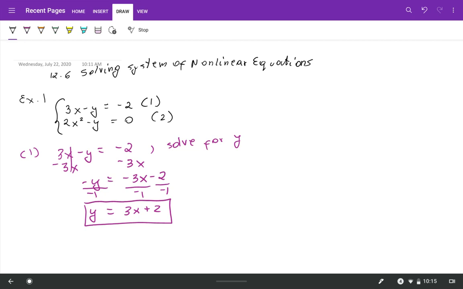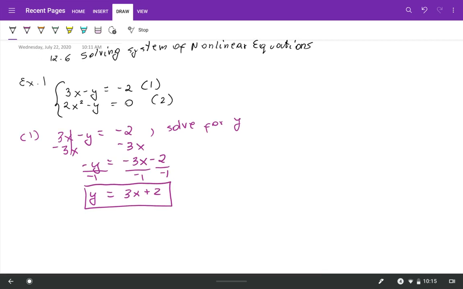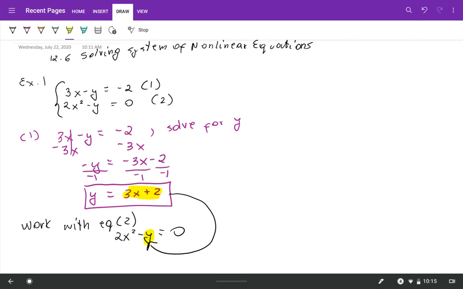And now let's work with equation 2, which is 2x squared minus y equals 0. We're going to replace y in equation 2 with 3x plus 2. So we're going to plug in 3x plus 2.